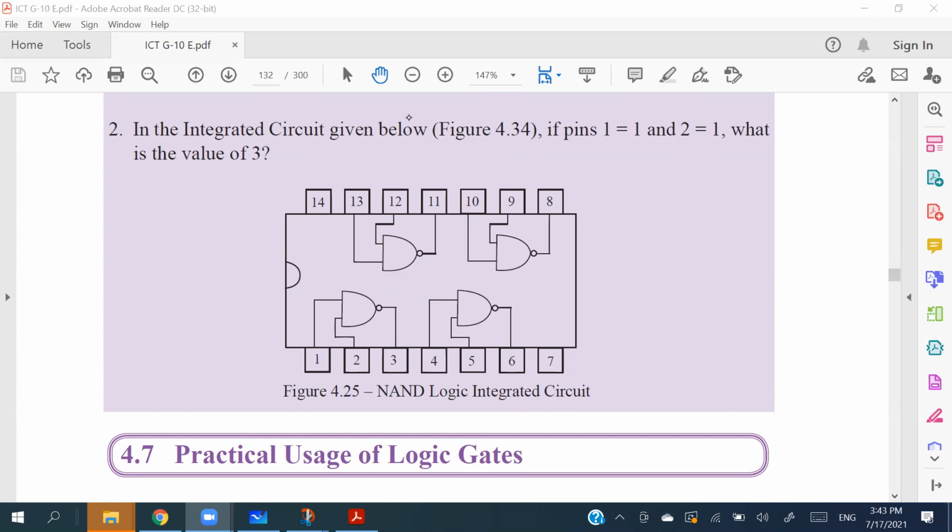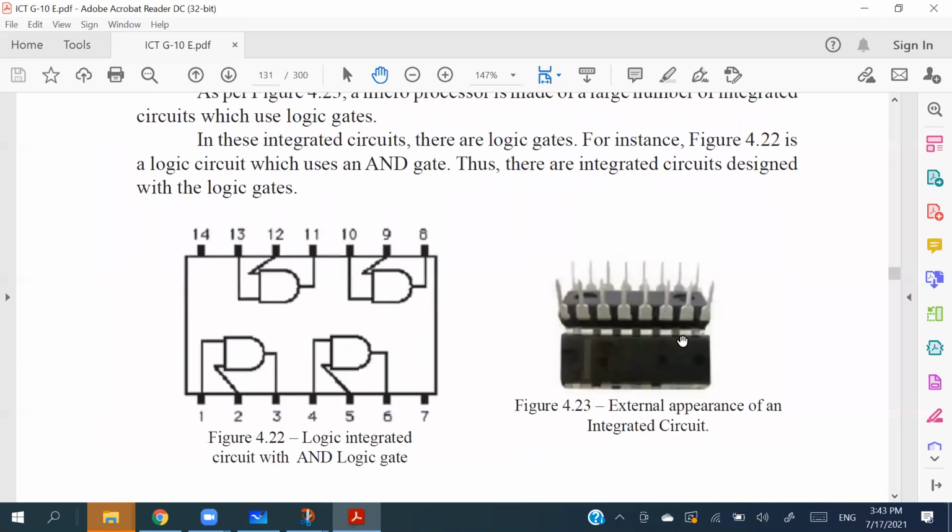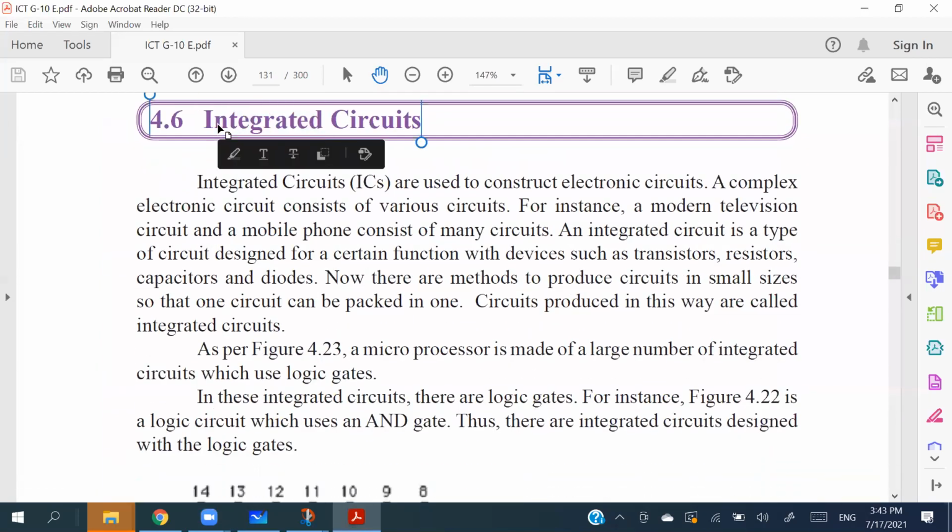Okay, so let's quickly write something about this. Please have the heading integrated circuits. Osanda, yes, that's the answer. Very good. Have the heading and let's see what we are going to write.